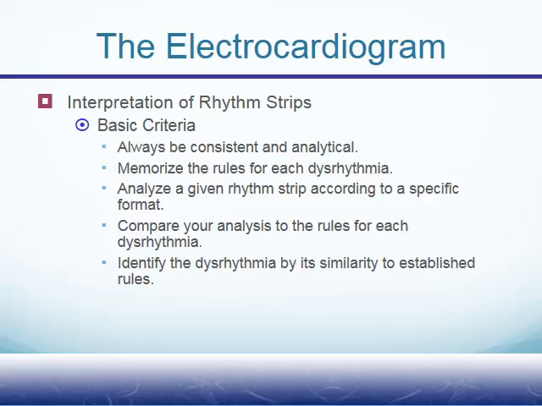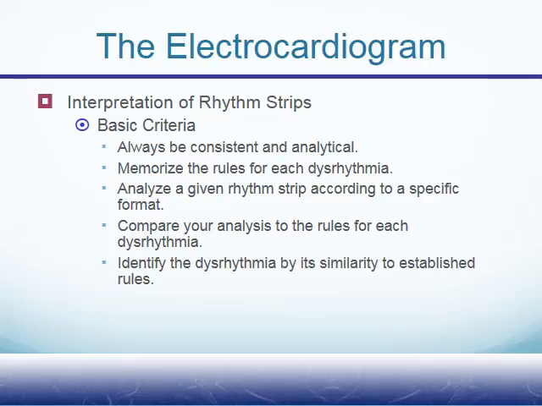It's going to really help you out in analyzing and getting familiar with each of these heart rhythms, learning the rules for each one, and being able to compare between them. Hopefully by the end of it you won't need that cheat sheet, but it is something to keep handy for a good refresher at a later date.